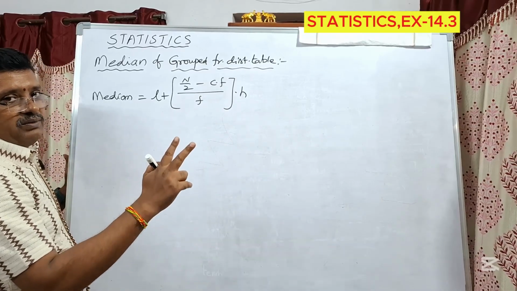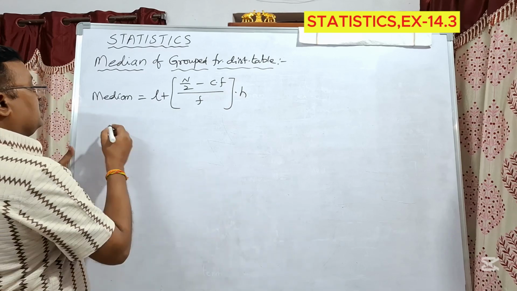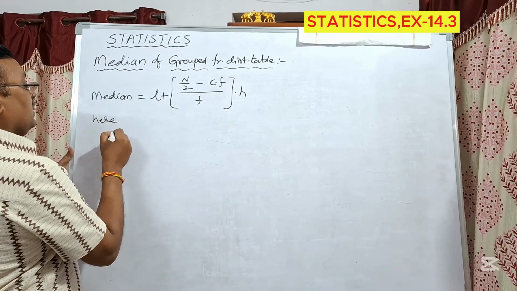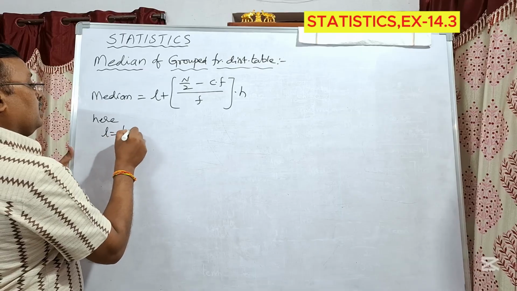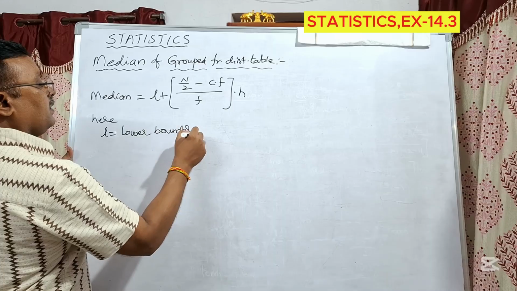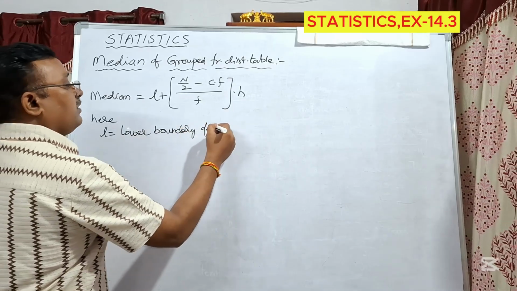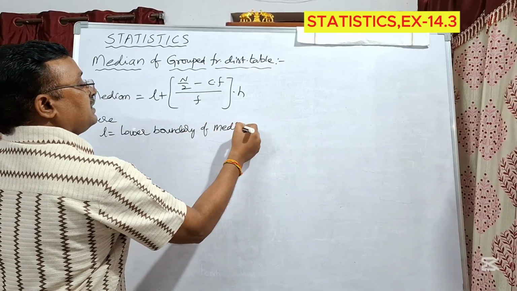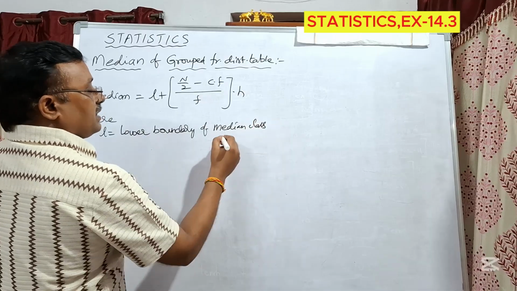Already in the previous videos I told you. So what are they? Here L equal to lower boundary of the median class.